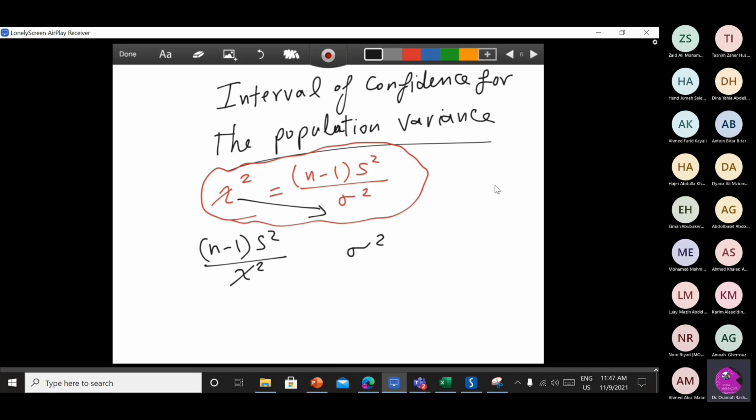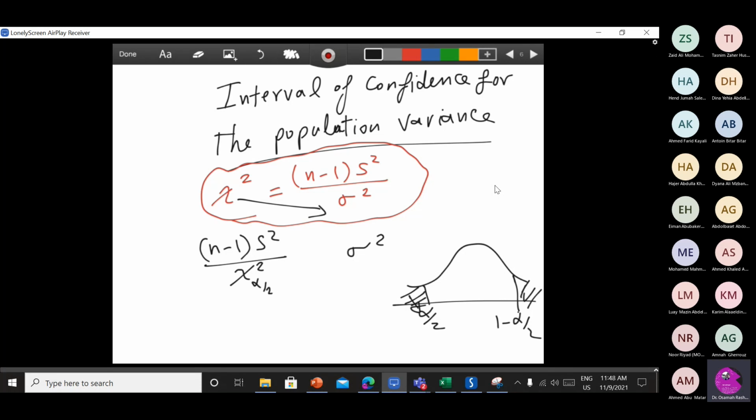As I said, on this side you have alpha over 2. This is the area alpha over 2. And this is at 1 minus alpha over 2, right? So you have a right chi-square and a left chi-square. So the left chi-square is alpha over 2.